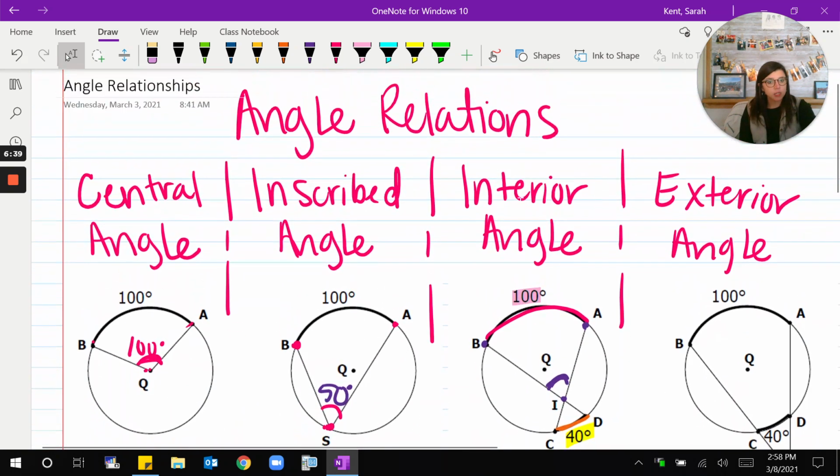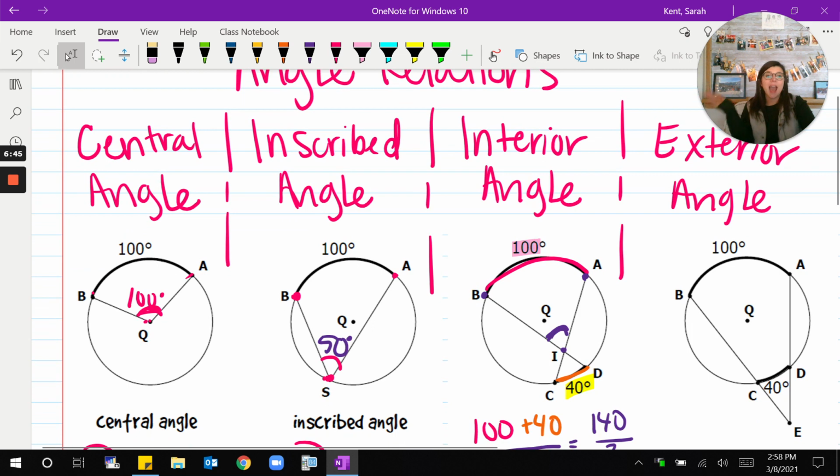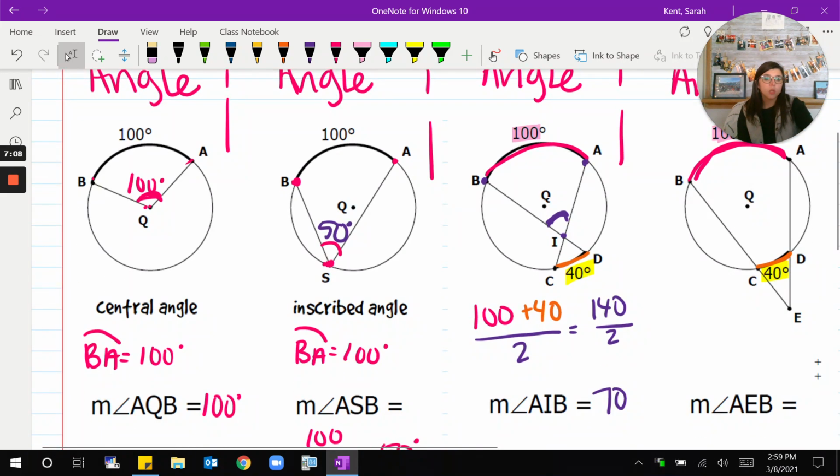The last one we're going to look at is an exterior angle. This is where our angle is going to be outside of the circle. Again, we have this BA, which is still 100 degrees. We have our second arc of CD, which is still 40. But this time in the question, we're looking for AEB. So I want A all the way down to E, back out to B. So we're looking for this angle here.